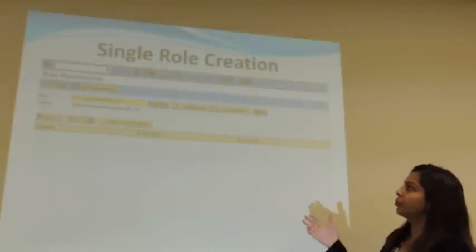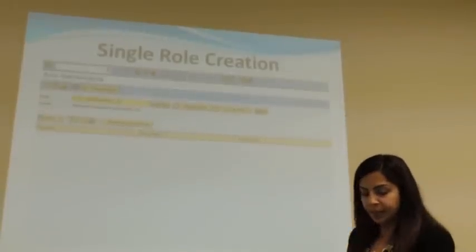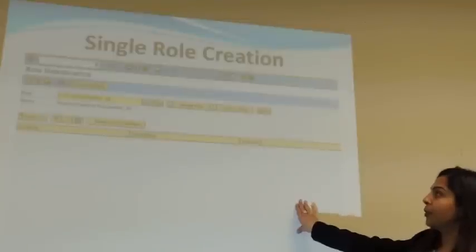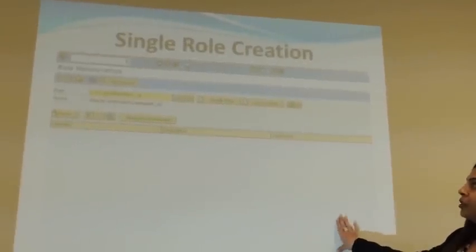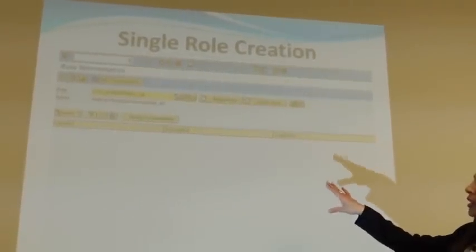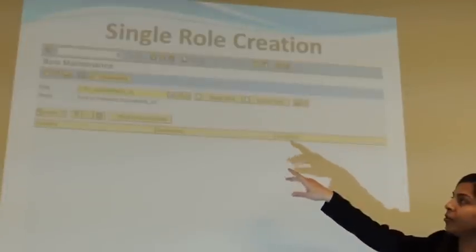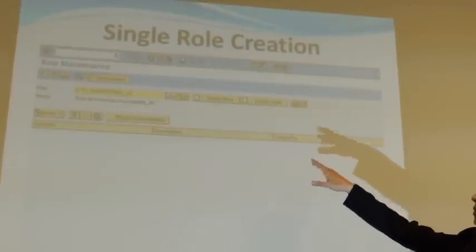Moving on, I've included some screenshots. For a single role creation, we will go to, first of all, PFCG in the SAP Easy Access menu. From there, we put PFCG and come to the first screenshot for creating a single role. Right here, I have created a role for financial accountant.